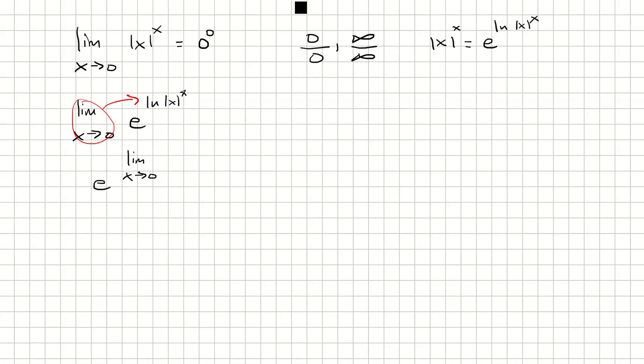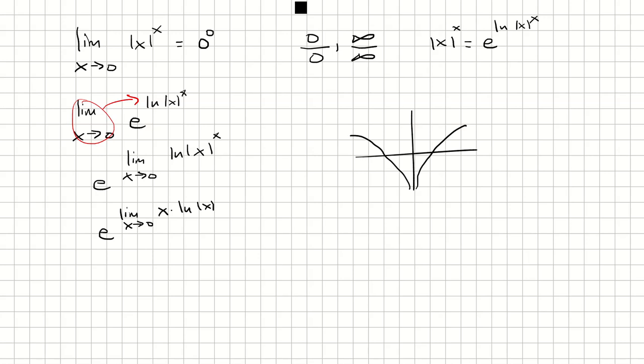So I just have to focus on taking the limit of the natural log of the absolute value of x raised to the x power, which, using the log properties, I can bring down the exponent. And when I take the limit as x approaches 0, well, x is going to go to 0, and natural log of x looks something like this.